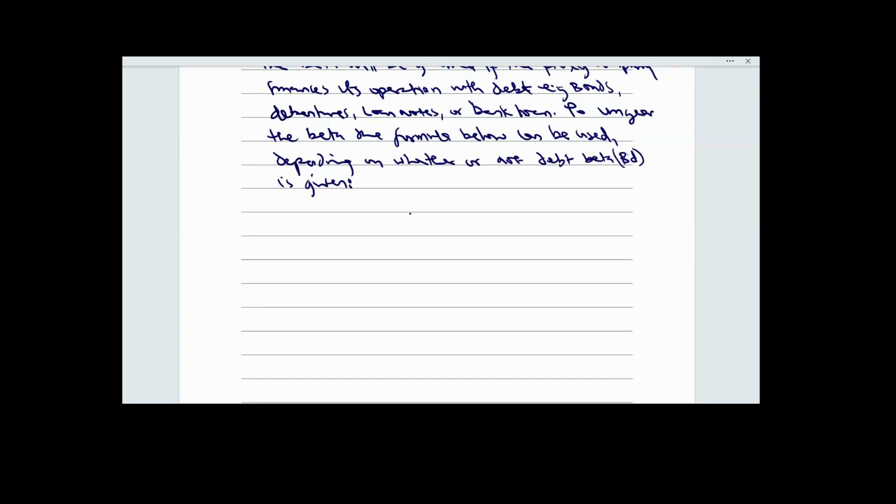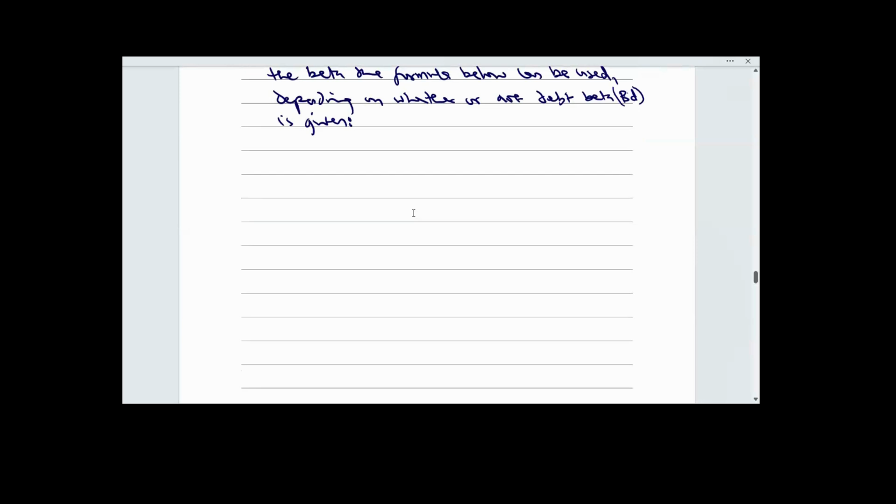Okay. So, number A, where debt beta is risk-free, that is equal to 0.